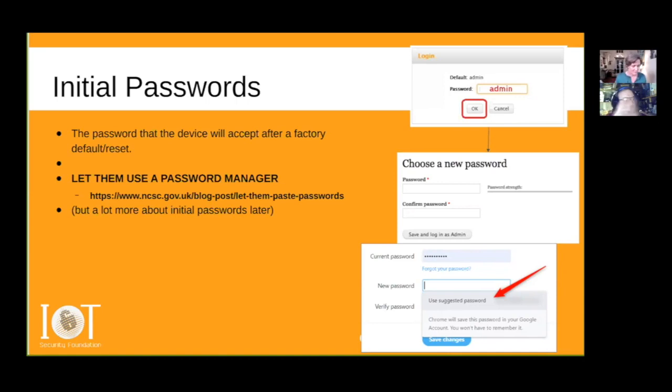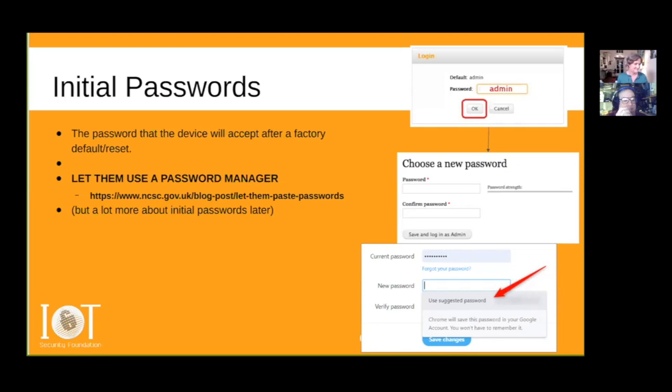So there's my slide. Let them use a password manager. This is what will happen after you do a reset, and usually you force the user to generate a new password. One of the major things is: please let them paste the password.